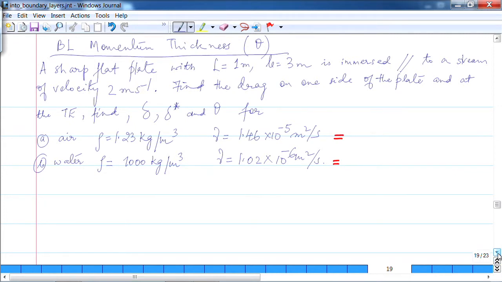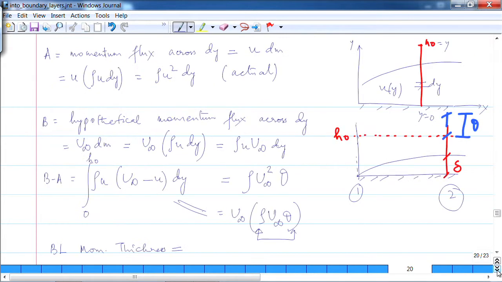So we said a sharp plate with length 1 meter, b 3 meters, is immersed parallel to a stream of velocity 2 meters per second. Find the drag on one side of the plate, and at the trailing edge find the boundary layer thickness, the boundary layer displacement thickness, and the boundary layer momentum thickness. Okay, so let us see how we will go about this.